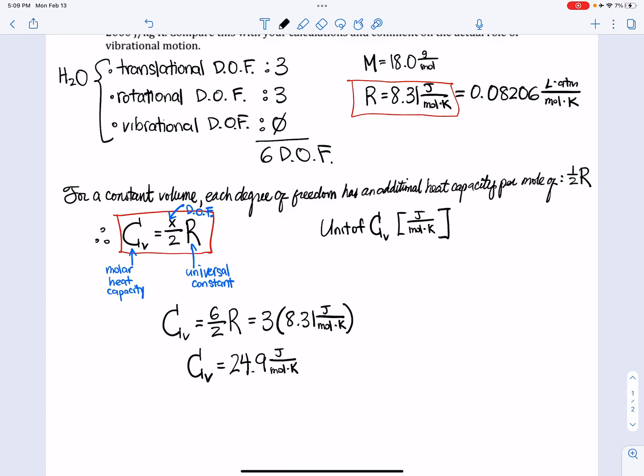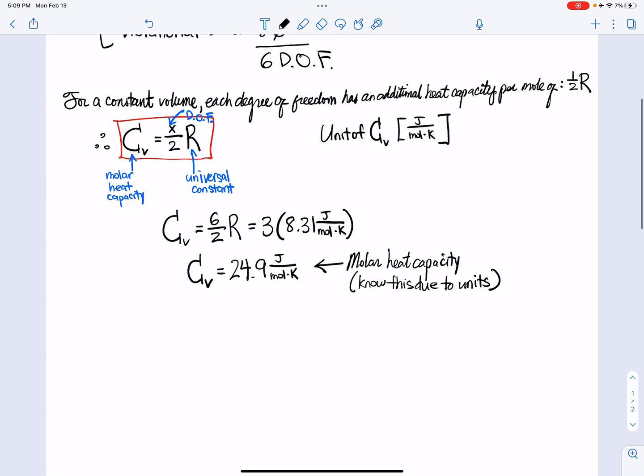And I know that that's the molar heat capacity right here because of the units, right? And I'll expand on that a little bit in a few.